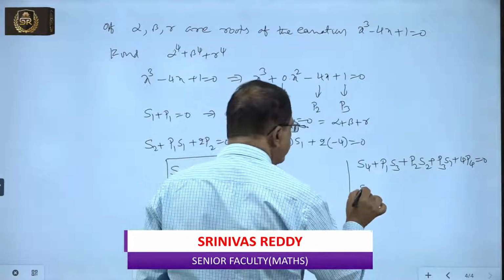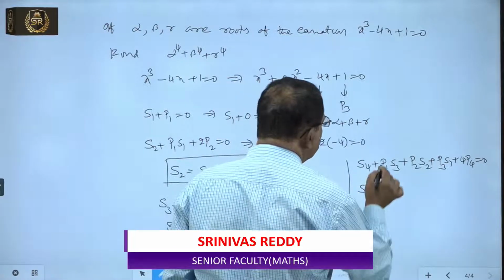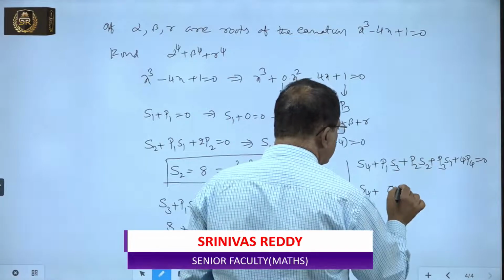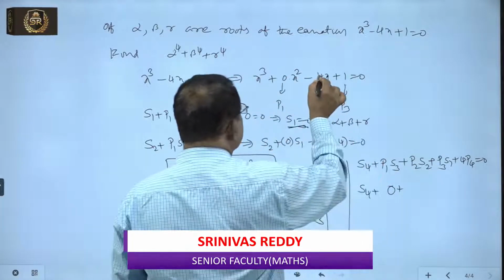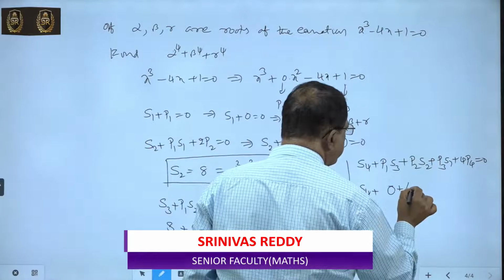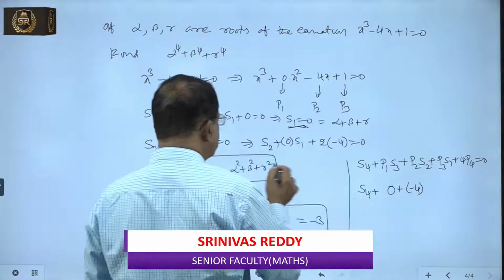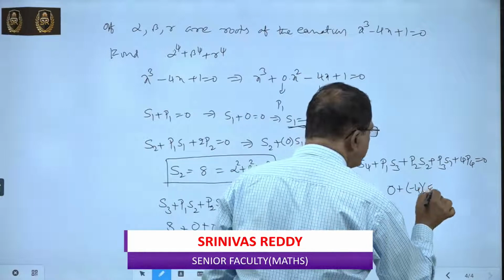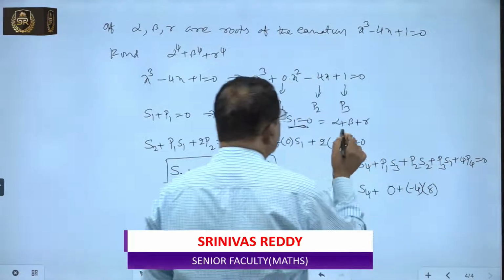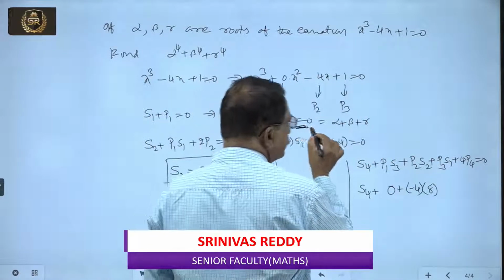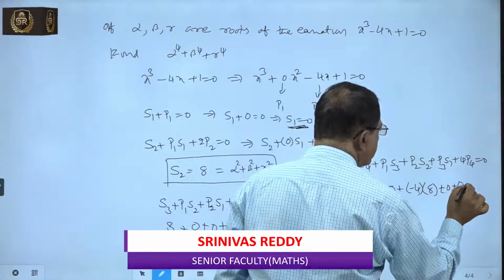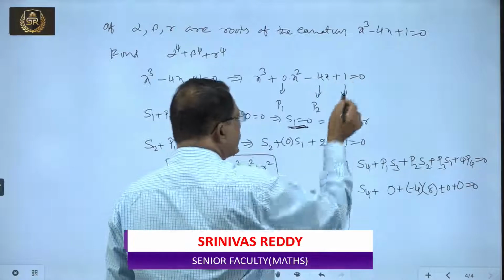Now S4 plus P1 equals 0, plus P2 equals minus 4 into S2 equals 8, plus P3 S1, where the value of S1 equals 0, plus 4P4, also 0 because P4 is not there.